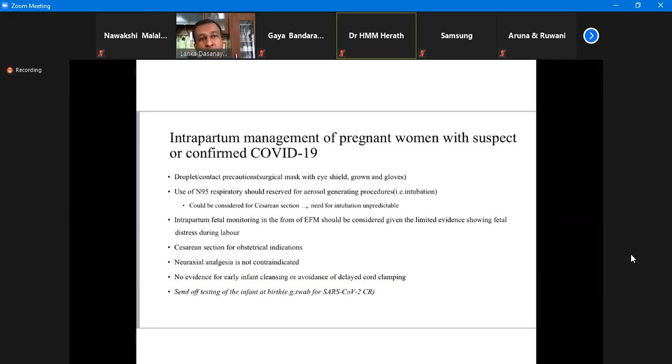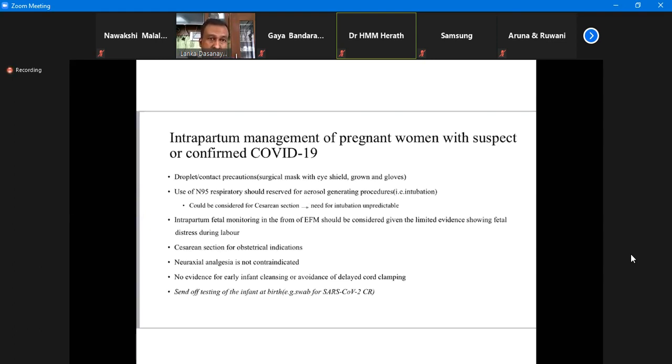Then we have to discuss the intrapartum management of pregnant women with suspected or confirmed COVID-19. We know that this is spread by droplets.